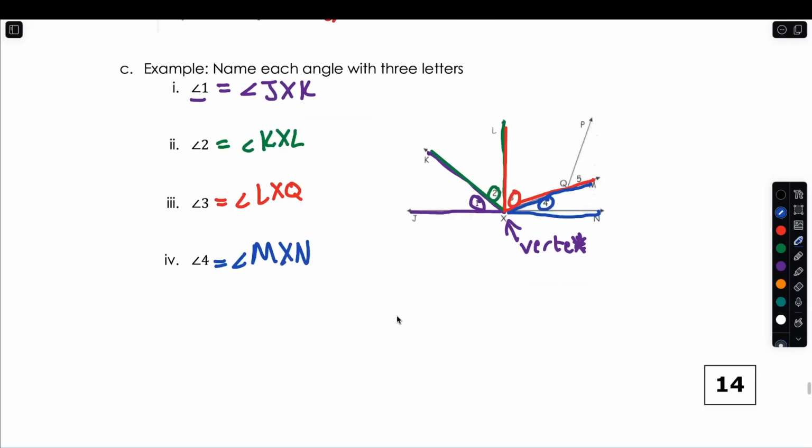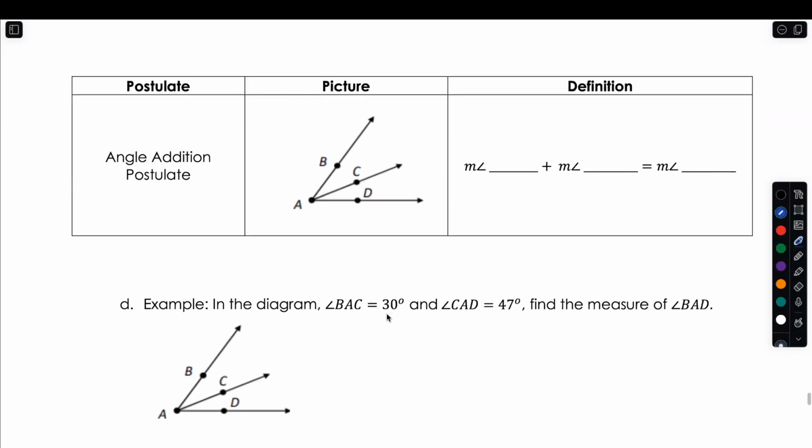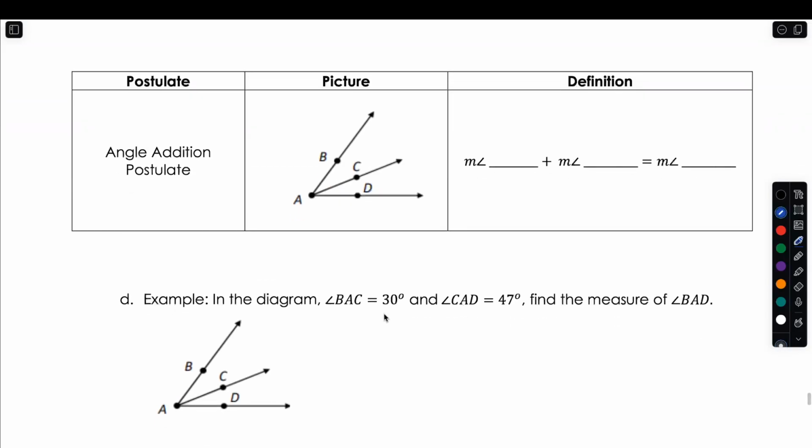Okay, moving on to the next part. Now that we've talked about how to name it and we've done some practice, we want to talk about the angle addition postulate. Just like segment addition postulate, you're going to take your 2 smaller angles here. So let me highlight some of them. You've got an angle here.